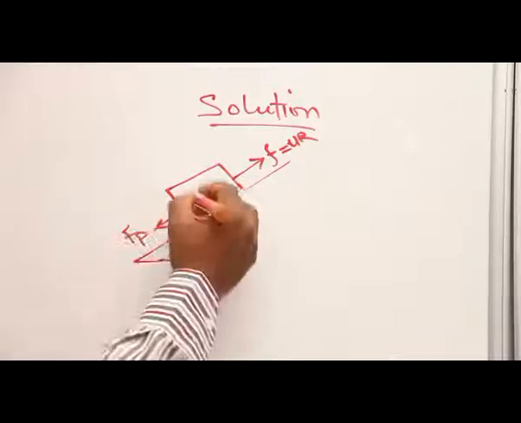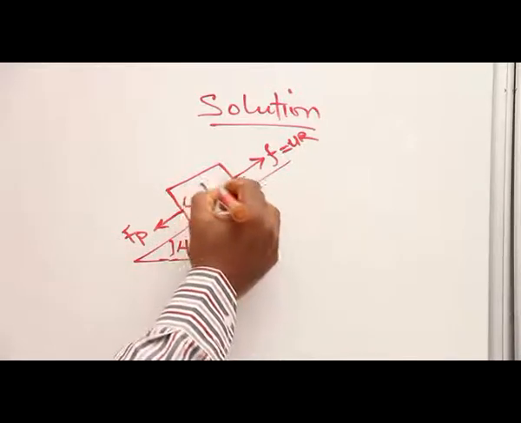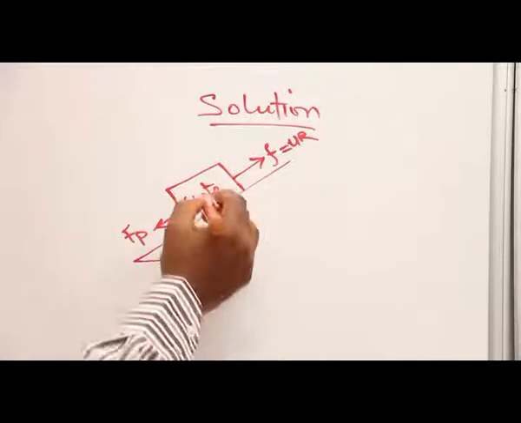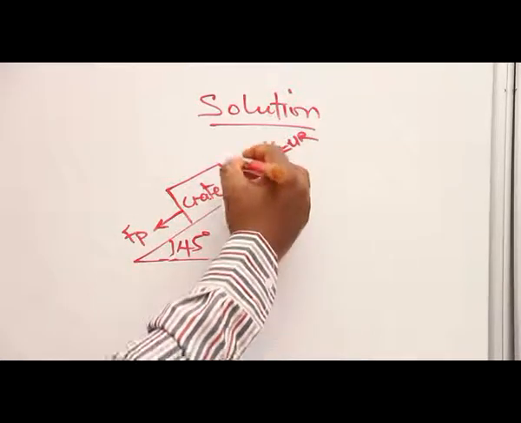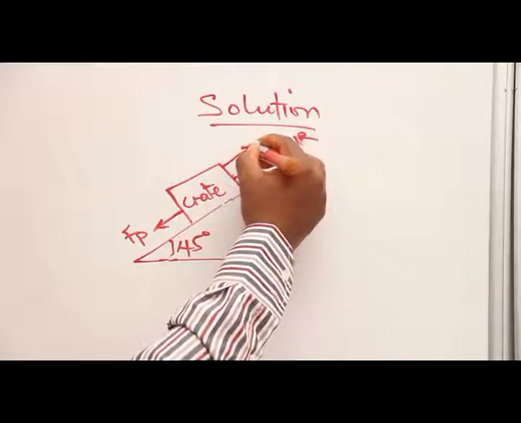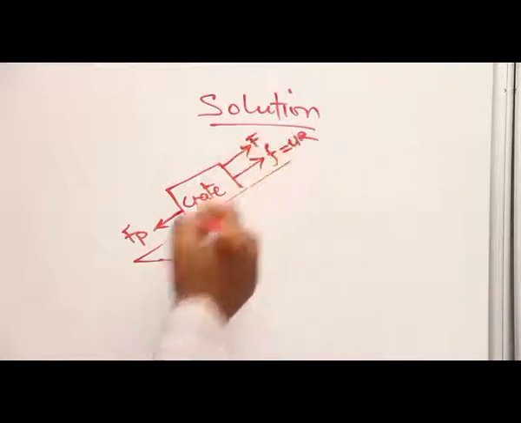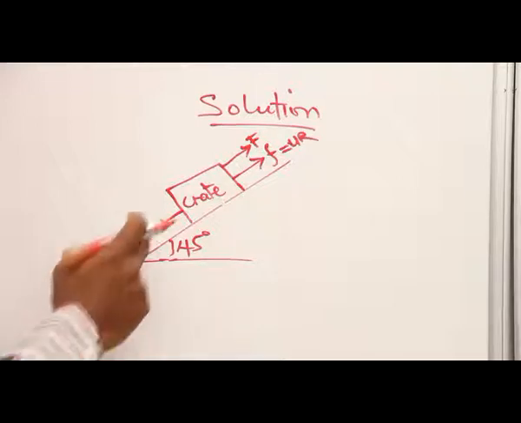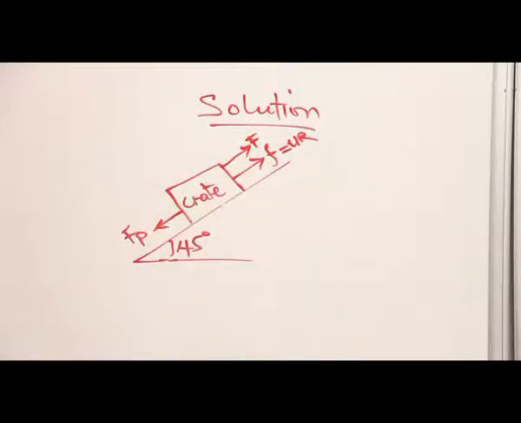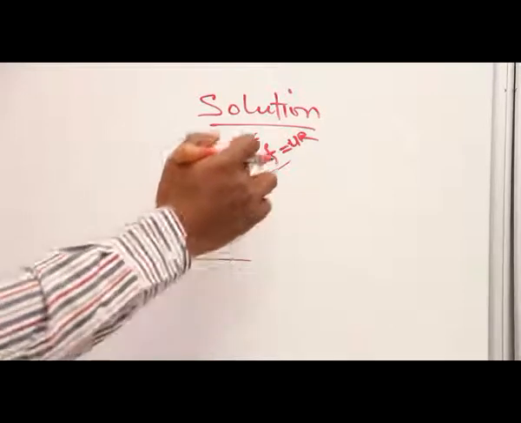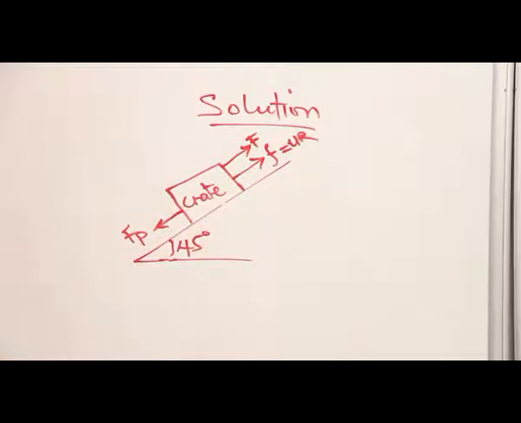To maintain this crate, in this place, we need an additional force, upward force in this direction. Because the force acting parallel to the plane definitely is greater than the frictional force. So that this crate does not slide downwards.